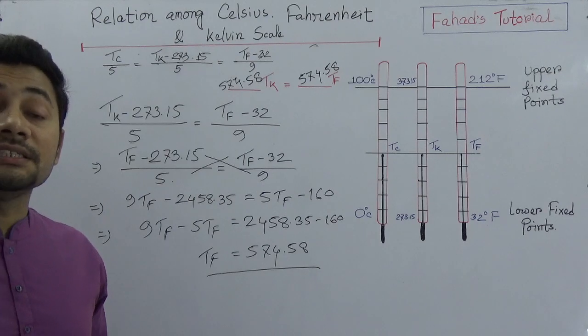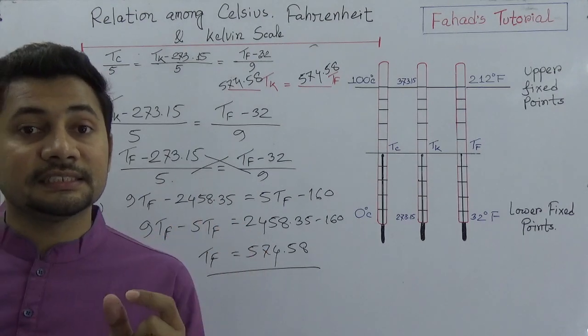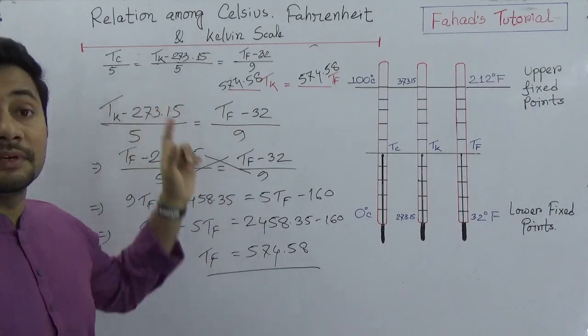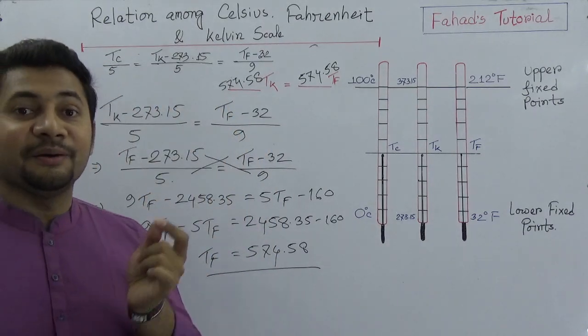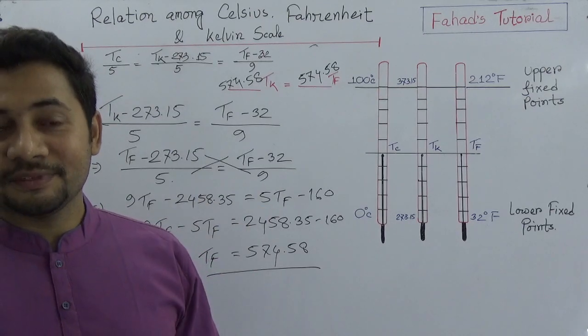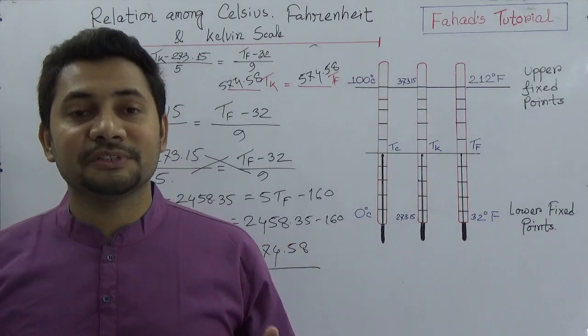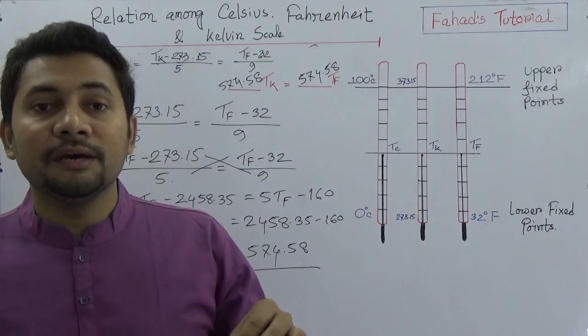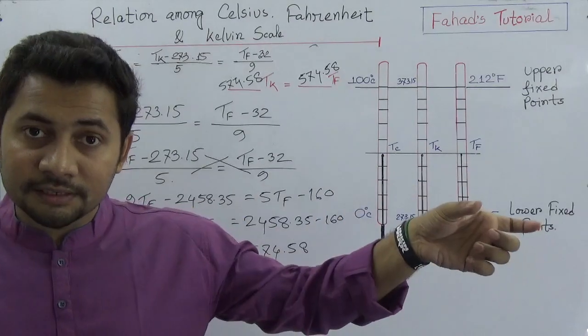But if the question is at which temperature Celsius and Kelvin will be the same, there is no such temperature. You can find it out. Because as we know, absolute zero in Celsius is minus 273.15, which is equivalent to 0 Kelvin.